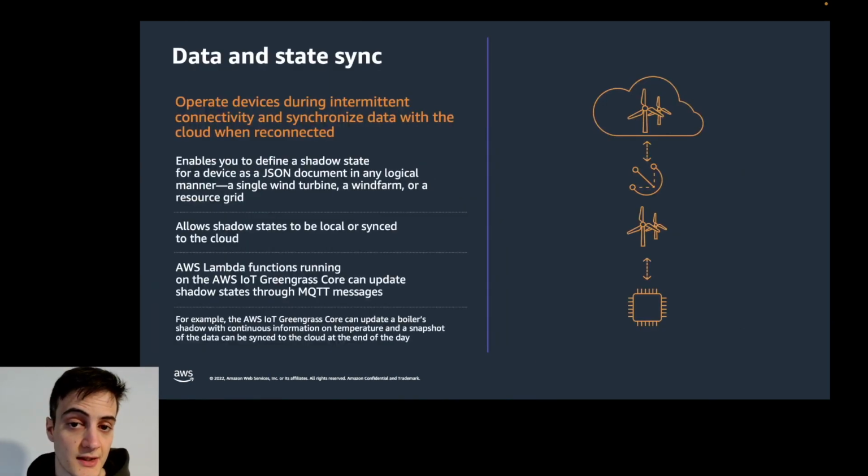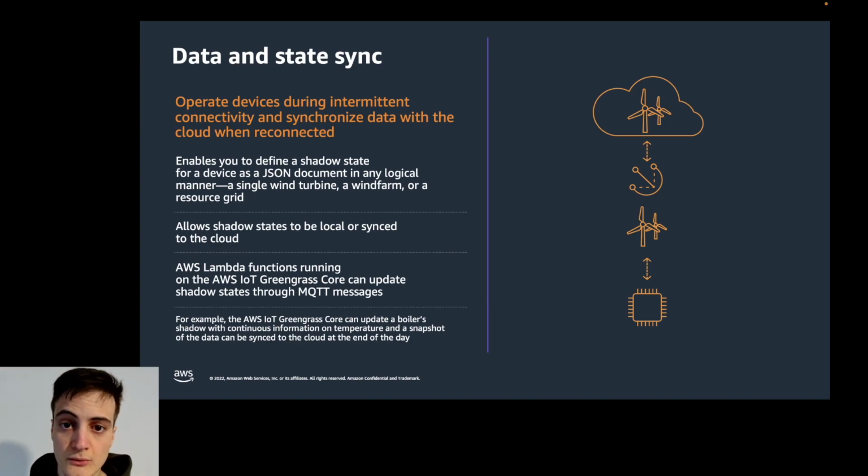The main feature that AWS Greengrass provides is the ability to synchronize the status between the cloud and the device. This feature is called AWS IoT Shadows. AWS IoT Shadows are JSON documents which represent the status of the device. Those documents are managed by AWS and are hosted on the cloud.